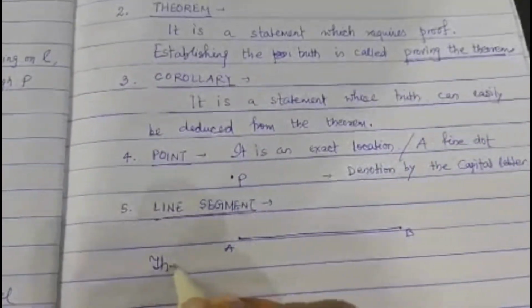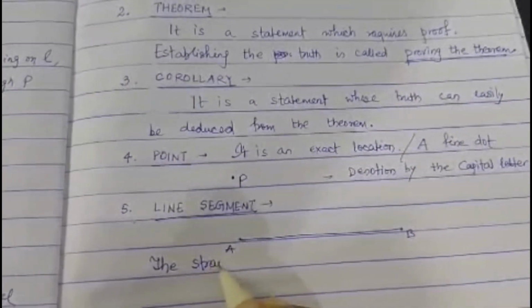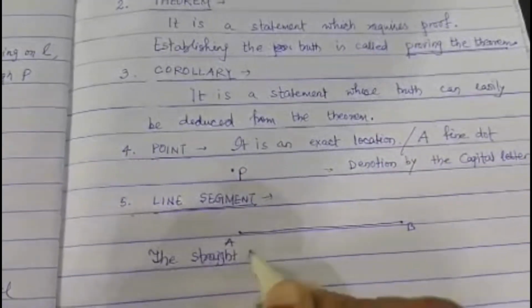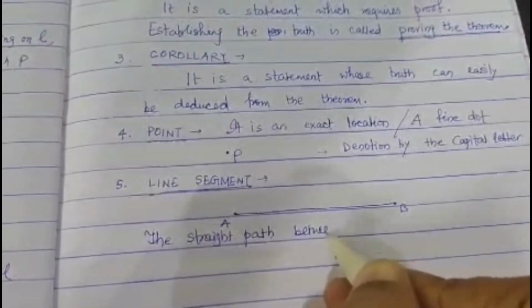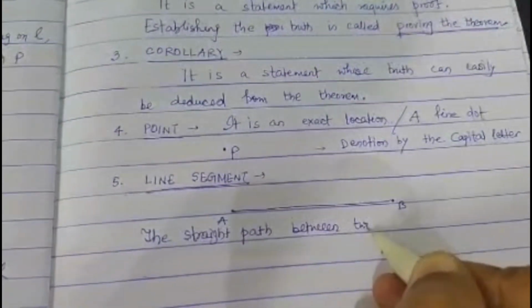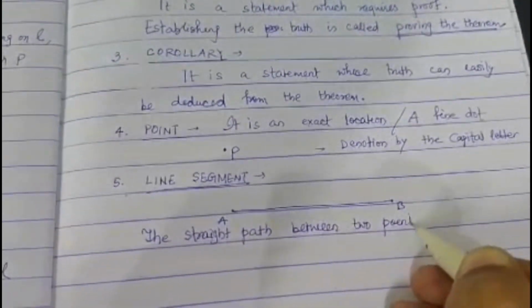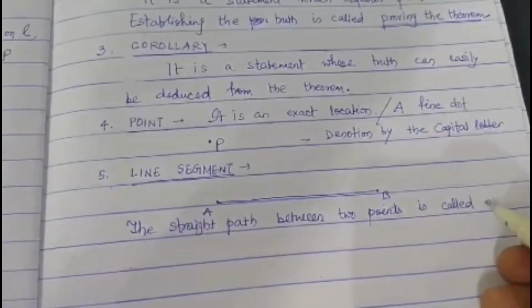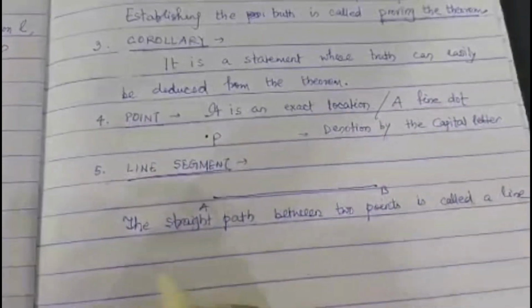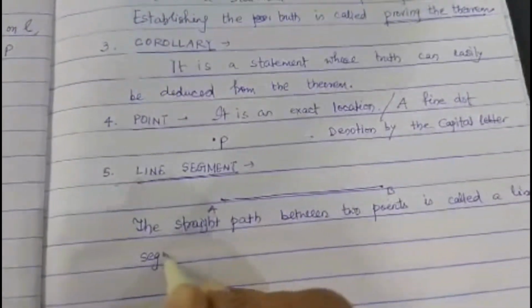The straight path between 2 points is called a line segment.